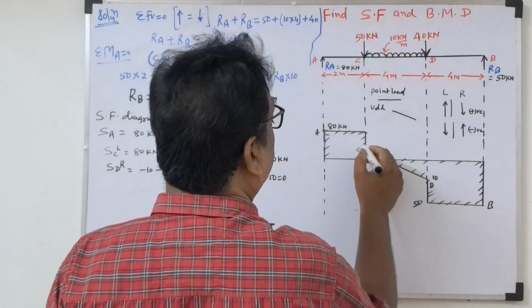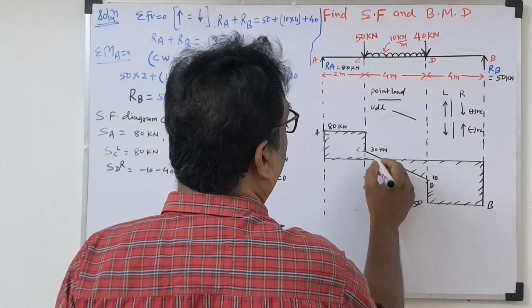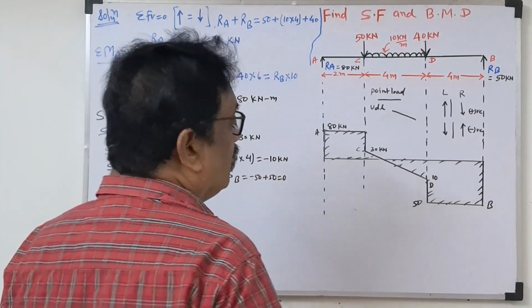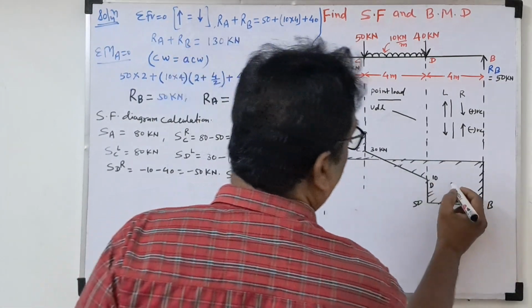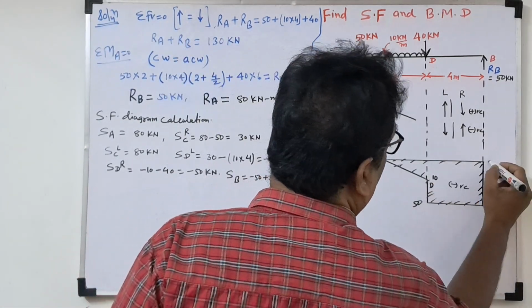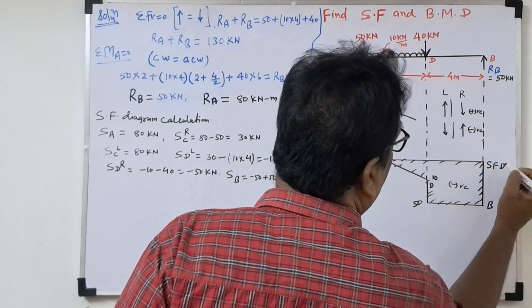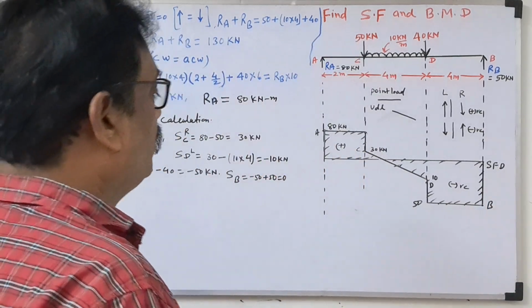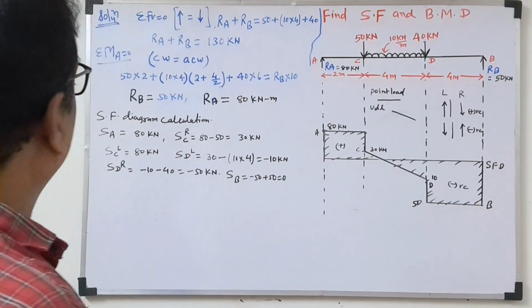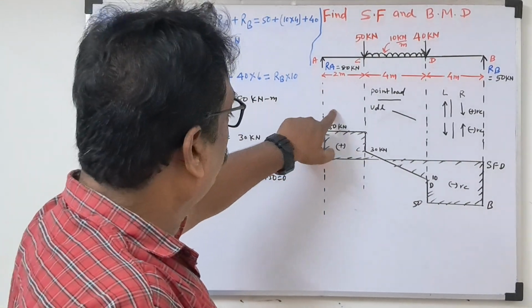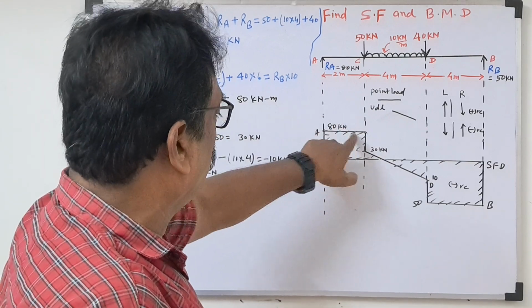This will be the positive, and here will be the negative shear force diagram. So now we know all the points. 80 is the shear force at A. Then up to this there is no load, so a horizontal line.